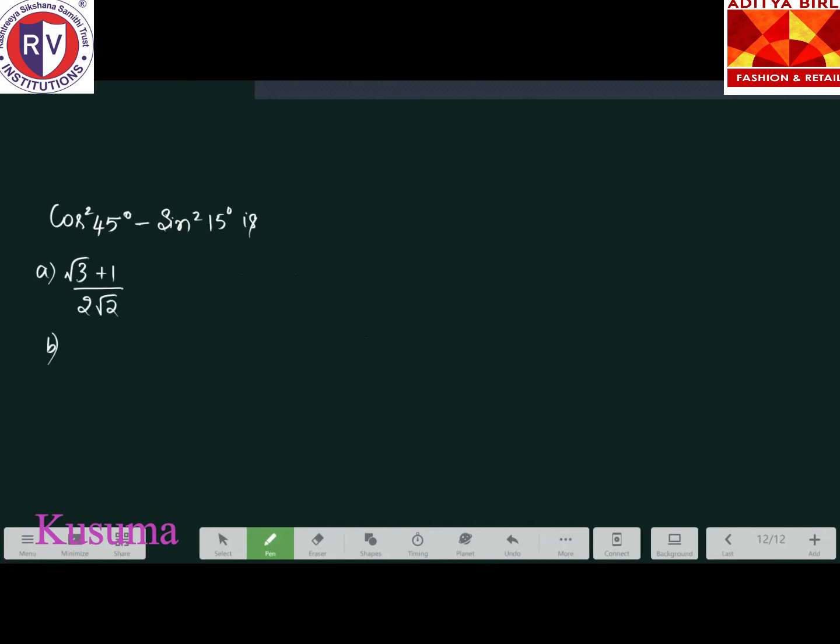Option B is root 3 by 4. Option C, root 3 minus 1 divided by 2 root 2. And option D is root 3 by 2.